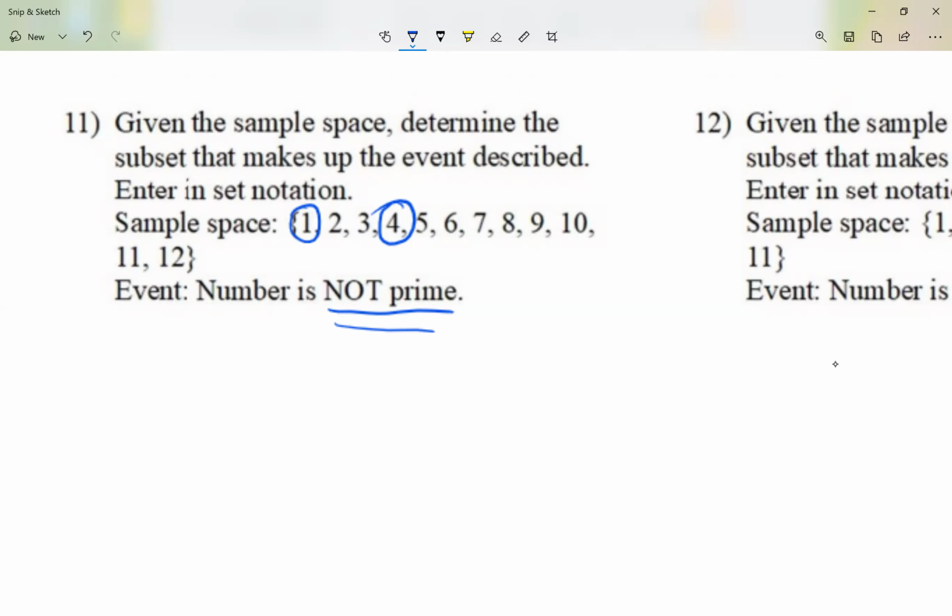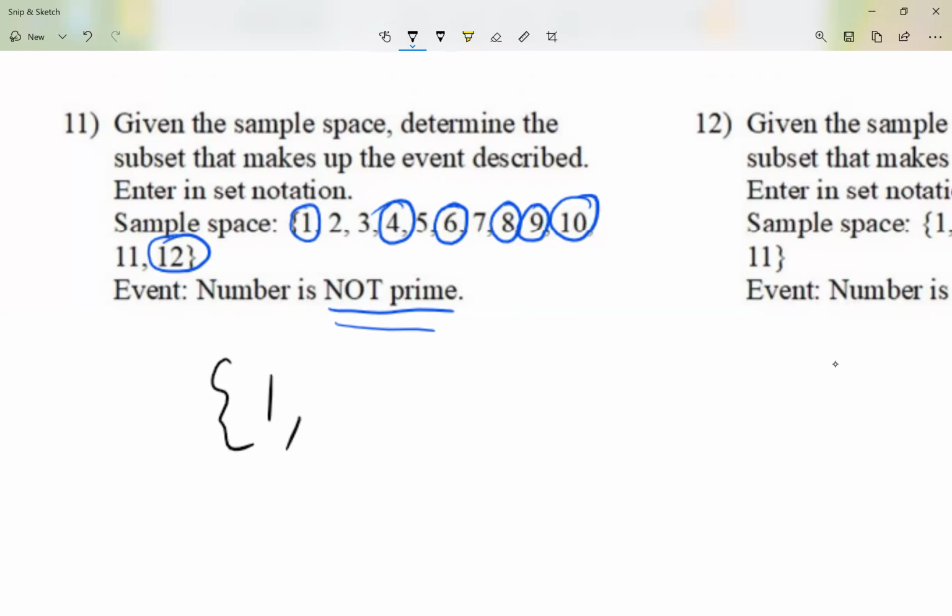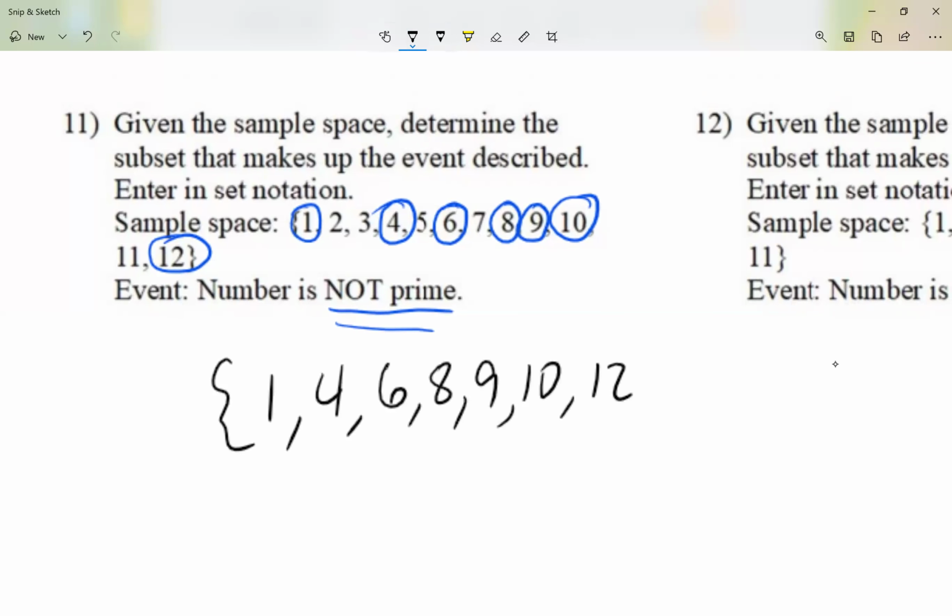Remember, I'm only going to circle those that are not prime. 6 is not prime. 7 is. 8 is not prime. 9 is not either, because I can go 9 divided by 1, divided by 9, and also by 3. 10 is not prime. 11 is prime, but 12 is not. So my choices here are 1, 4, 6, 8, 9, 10, and 12.